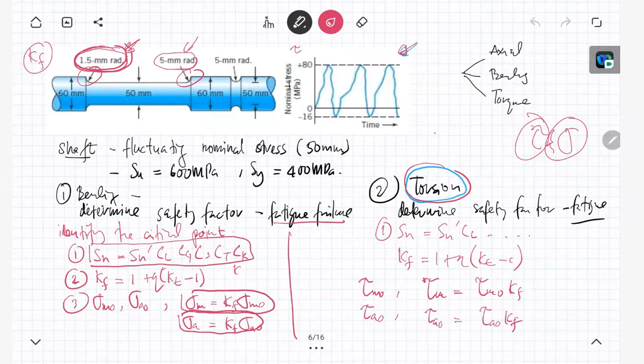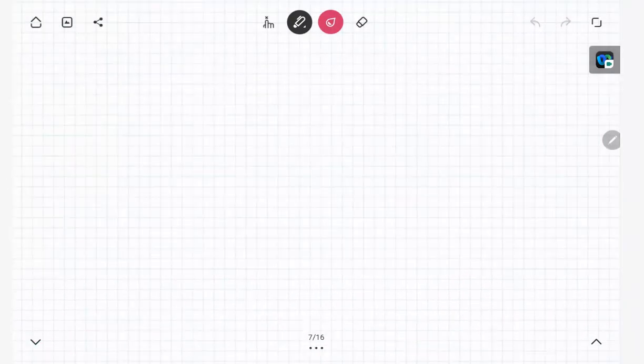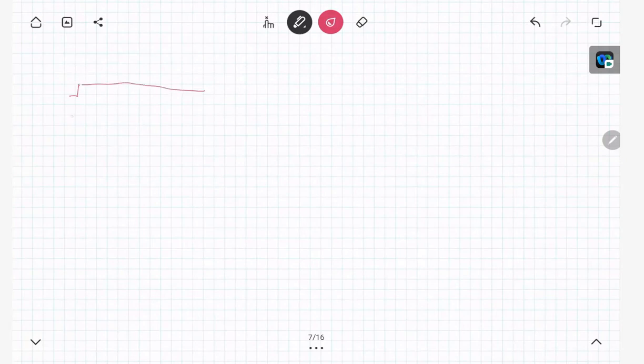Okay, so I think we have done different type of questions. The first question kita buat apa? Okay, first question kita ada simple completely reverse bending. Kita ada this type of question.